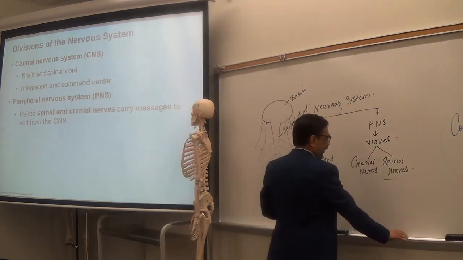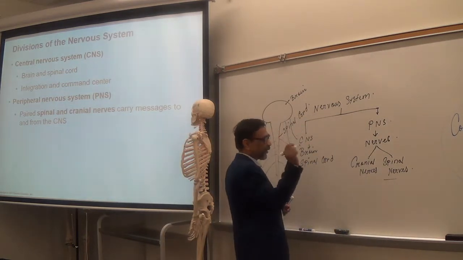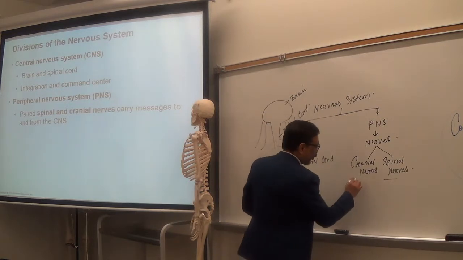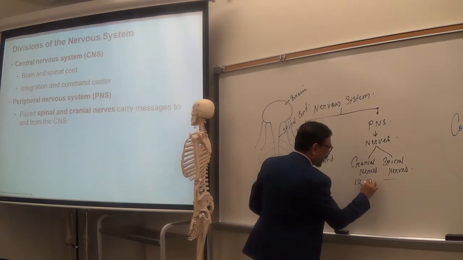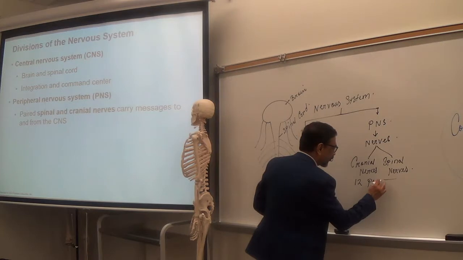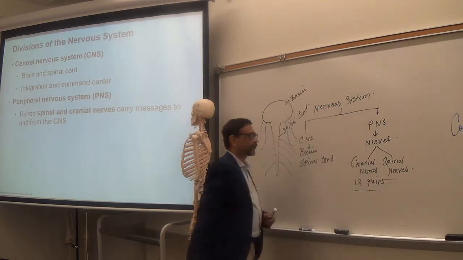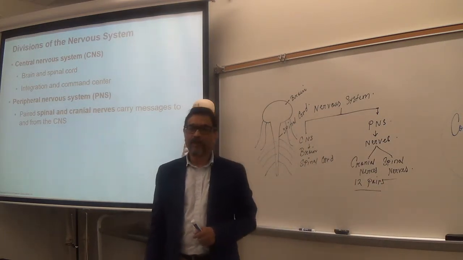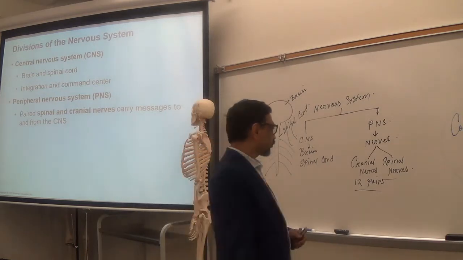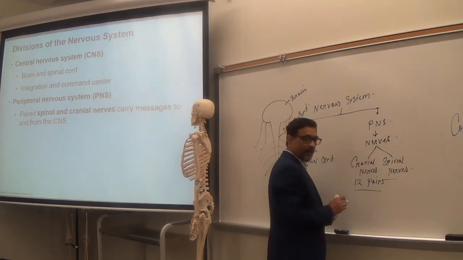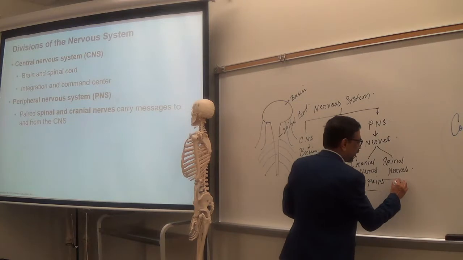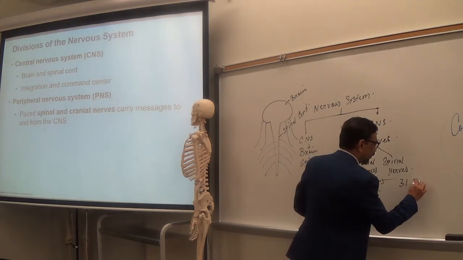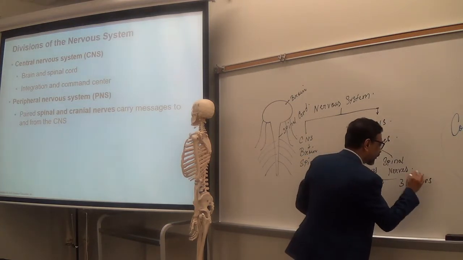How many cranial nerves in the human nervous system? We have 12 pairs. Okay, 12 pairs. How many spinal nerves do we have? 31 pairs. Okay.